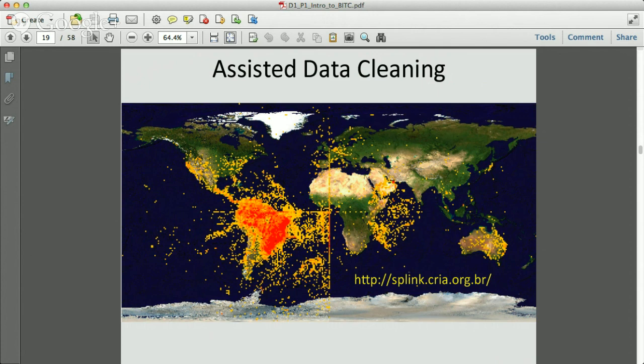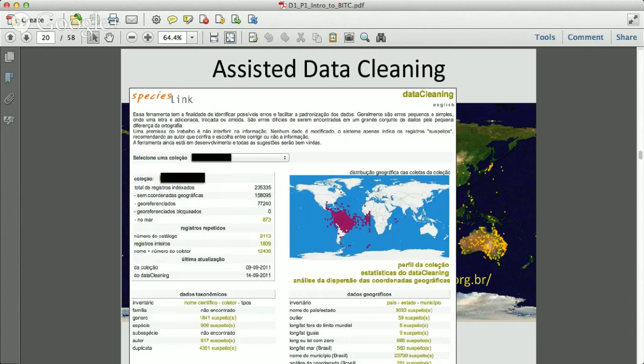But those are actually South American data points that have the wrong sign on the longitude, and so they appear in the wrong hemisphere. So this is very typical. This is not bad data. This is normal data. And what this Brazilian project, Species Link, has done is to produce a very detailed tool for detecting those problems and cleaning them up.